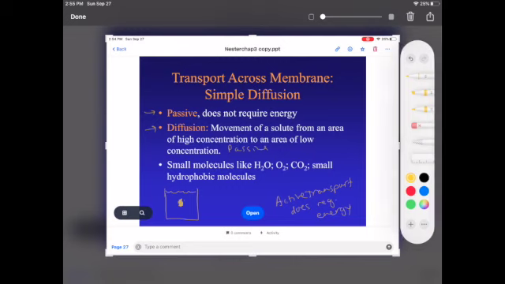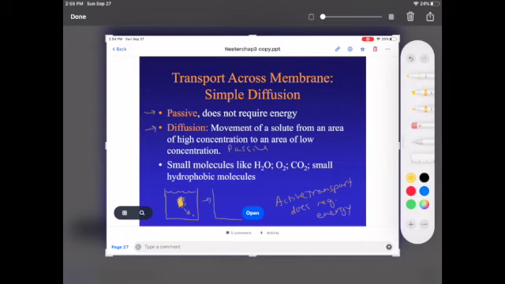This food coloring is made up of a bunch of molecules that are tightly packed together. You give them room to spread out, and they're going to move from an area where they're highly concentrated out to where they are less concentrated.